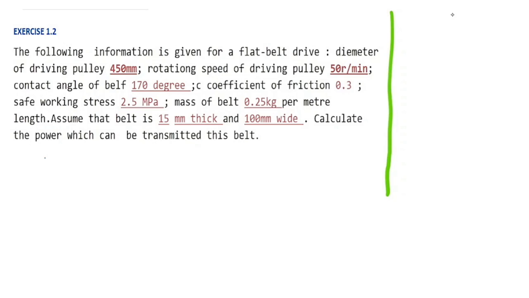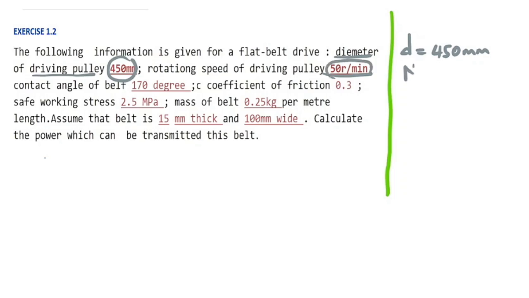The driving pulley has a diameter of 450 millimeters. Then the rotating speed of the driving pulley is 50 rotations per minute.